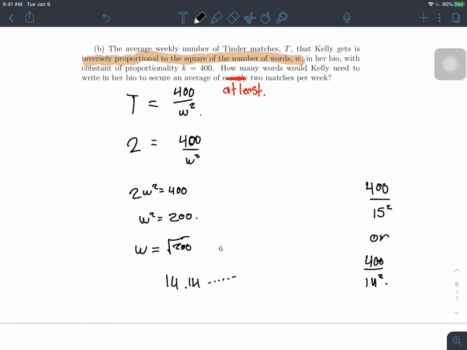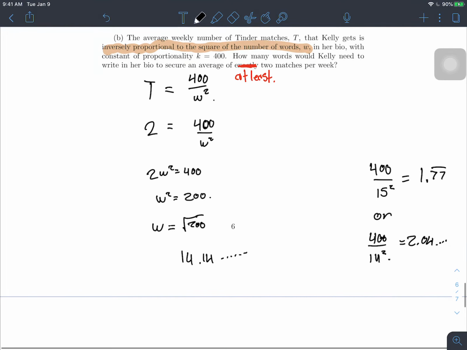However, since the relationship between T and W squared is inversely proportional, you're going to see if you do this, you're going to get 400 over 225, something like 1.77 repeating. Whereas if we do this, 400 over 14 squared, we get 2.04 something something something.